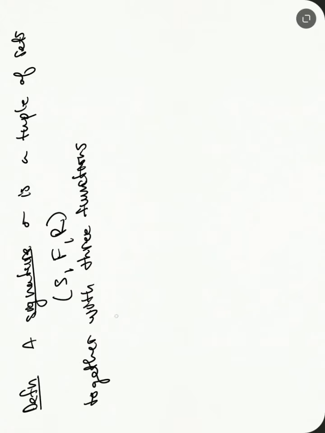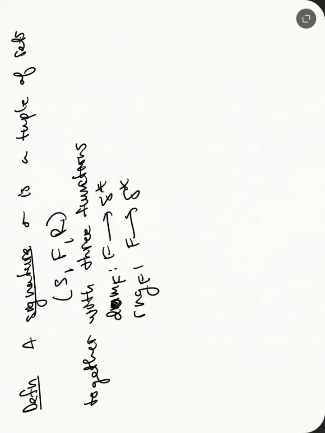One is the domain function here, let's say the range function, and then we have the domain of the relations. Let me get rid of that. This should be 2.